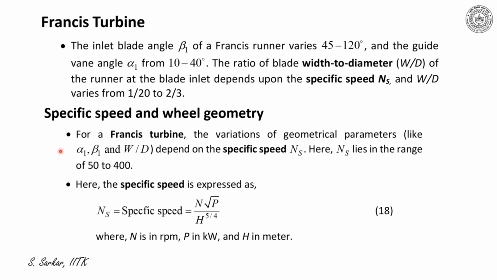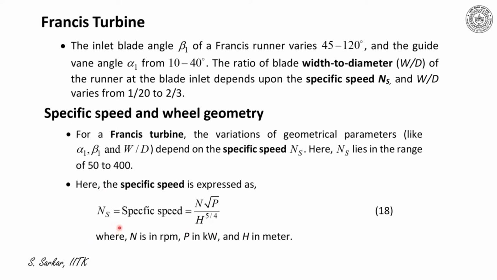So I have written in brief that for a Francis turbine, the variation of geometric parameters like alpha 1, beta 1, W by D depend on the specific speed Ns, where Ns lies in the range 50 to 400, and the specific speed here is expressed as Ns is equal to N root P divided by H to the power 5 by 4.